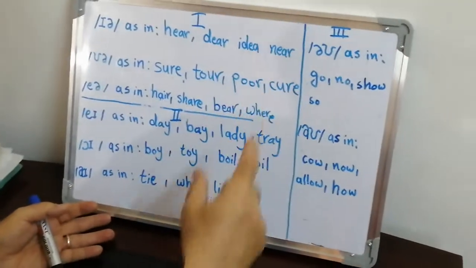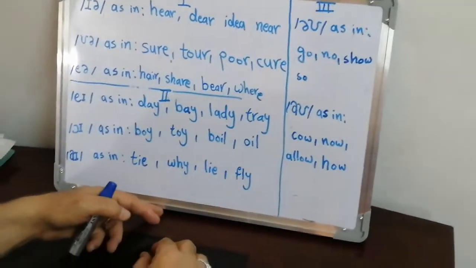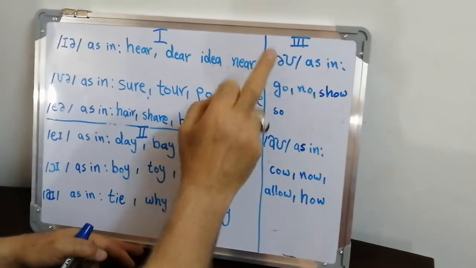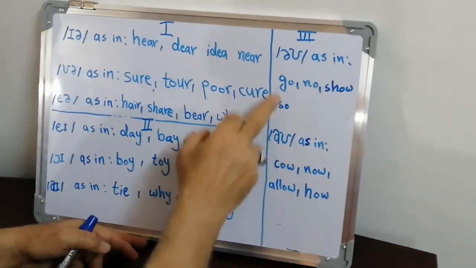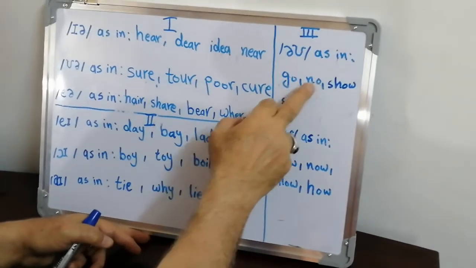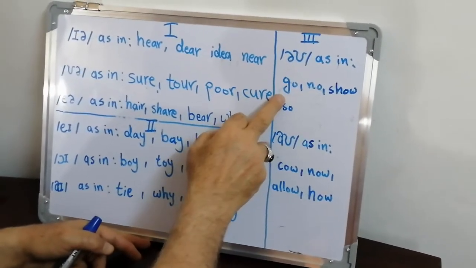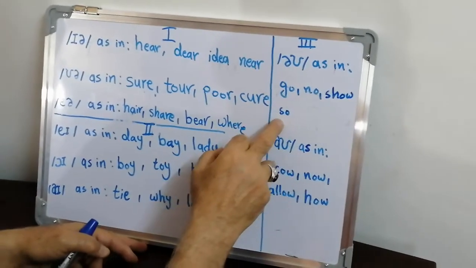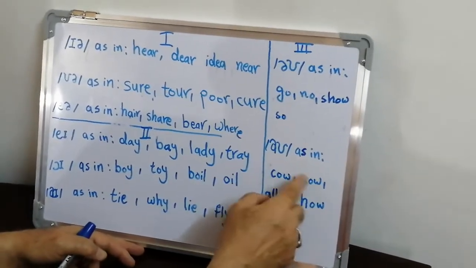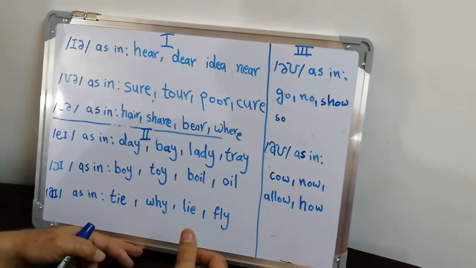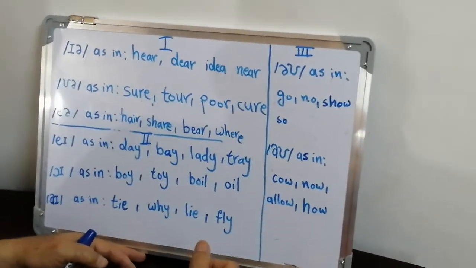The last 2 vowel sounds: this is "oh," and this is "ow." The word that reminds you of this sound is the word no, as in go, no, show, so. And the word that reminds you of this vowel sound is the word cow.